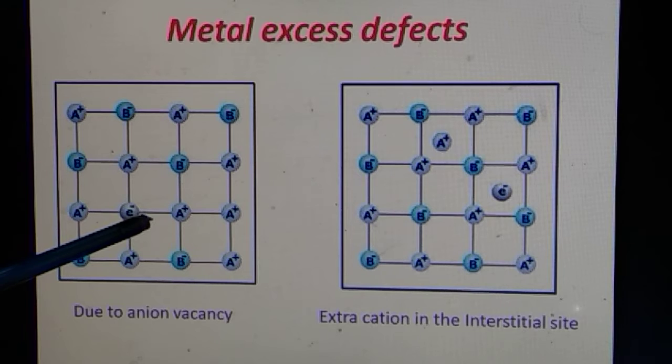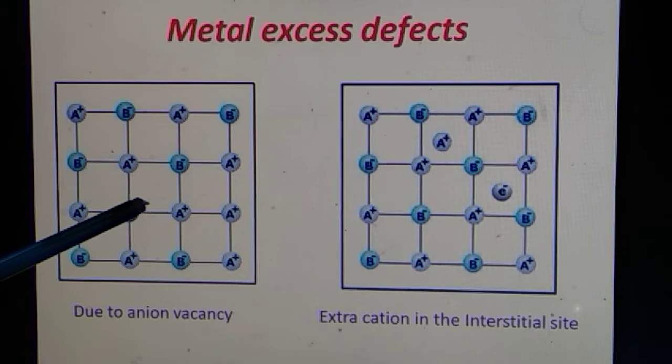When a sodium chloride crystal is heated in the presence of sodium vapor, you know students, some chloride ions leave the lattice and combine with sodium to form NaCl. In this reaction, the sodium atom loses an electron to form a sodium ion. The released electron occupies the anion vacancies produced by Cl-.